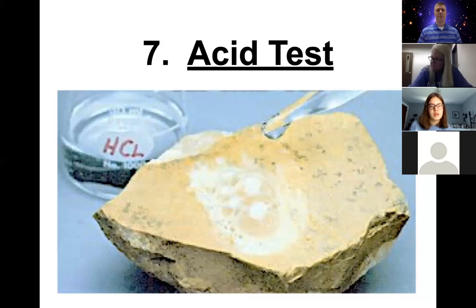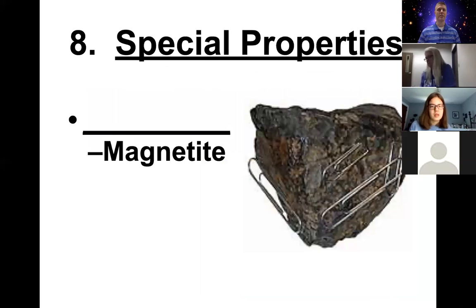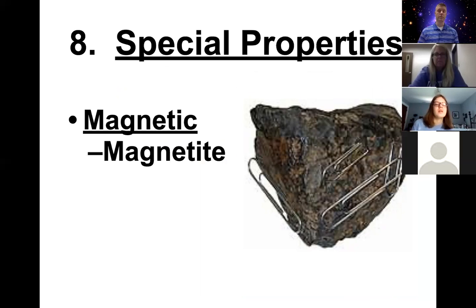And then this last little section, I'd mentioned that there aren't very many things that by themselves will tell you what a mineral is. But there are some special, unique properties that some minerals have that are an instantaneous dead giveaway about what it is. One of those is if it's magnetic. That's a pretty unique property that not a lot of things have naturally.